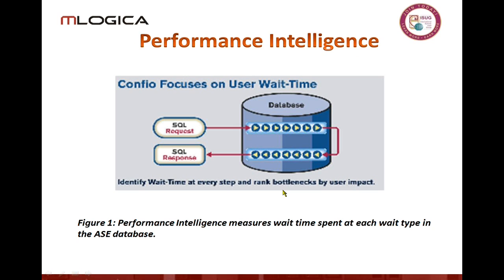So performance intelligence takes the wait time. Now, the wait time that we're looking at here is the amount of elapsed time from the time you make the request until you get your response back. So if you send the request and the request is to calculate the value of pi out to 2,000 digits, well, most of what you're going to use there is CPU time. So what you'll end up with is wait time based on CPU.